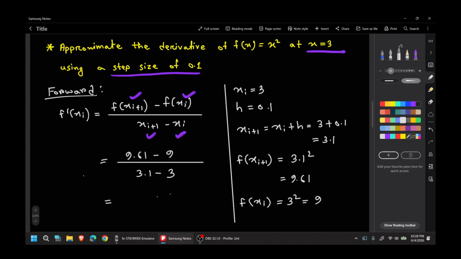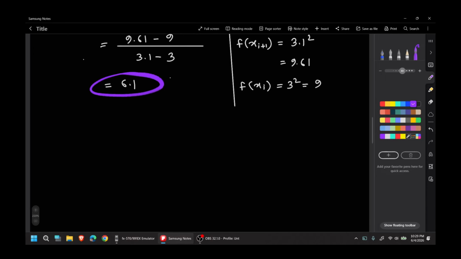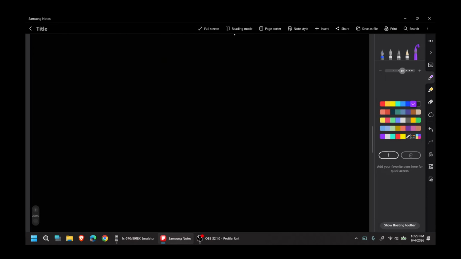So what will be the answer? Let's check. 9.61 minus 9 divided by 3.1 minus 3. That is 6.1. So this is the answer of forward difference.